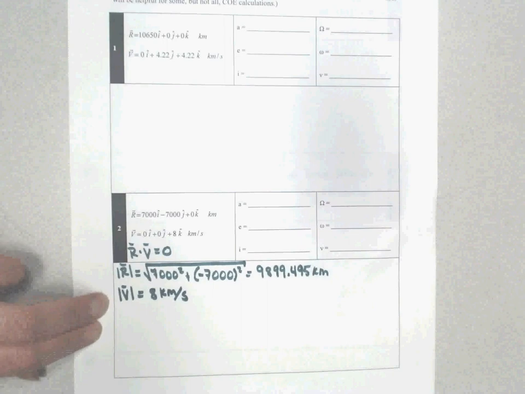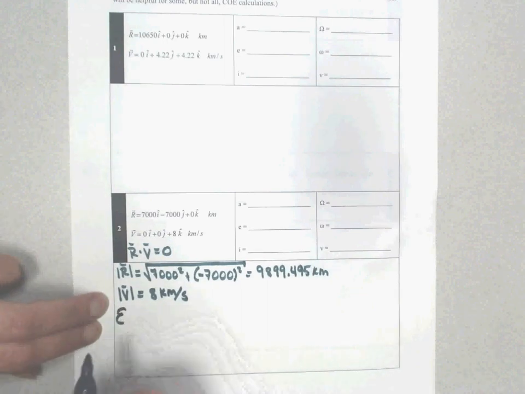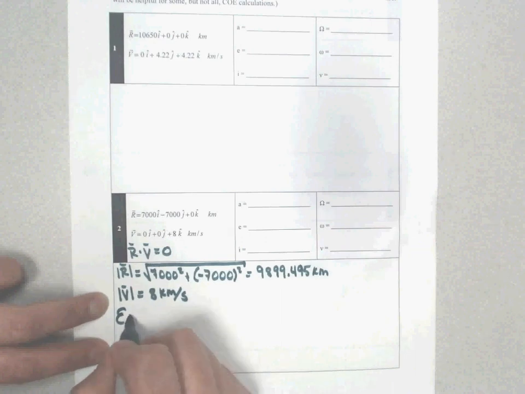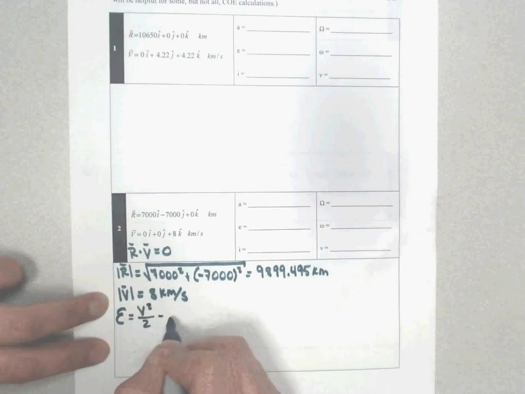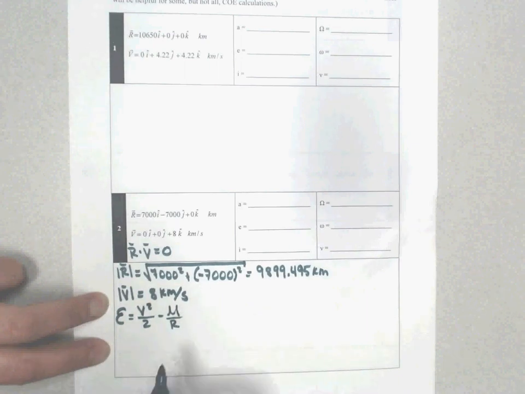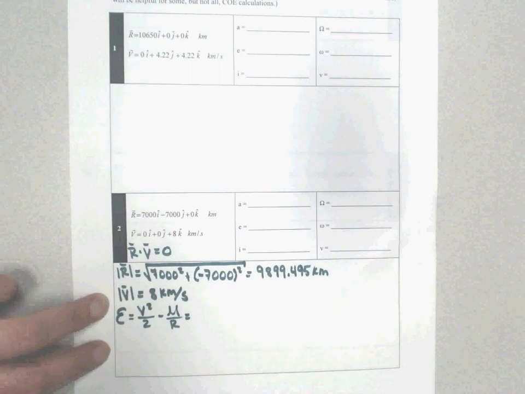So to find A, we're going to start with our specific mechanical energy equation, which is V squared over 2 minus mu over R. Mu is on your equation sheet. It is 398600.5 kilometers cubed per second squared.